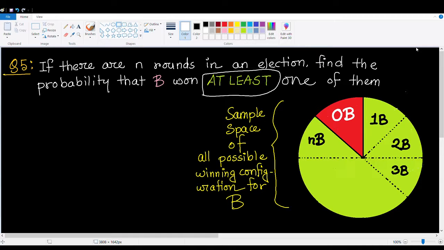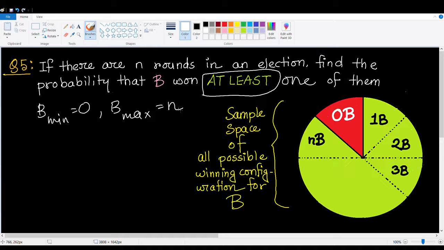Okay, so this is denoted here by the red region. If you see this Venn diagram here, this is the sample space of all possible winning configurations for B. All right, since there are n rounds taking place, the minimum number of rounds won by B is 0, and the maximum number of rounds B can win is n.